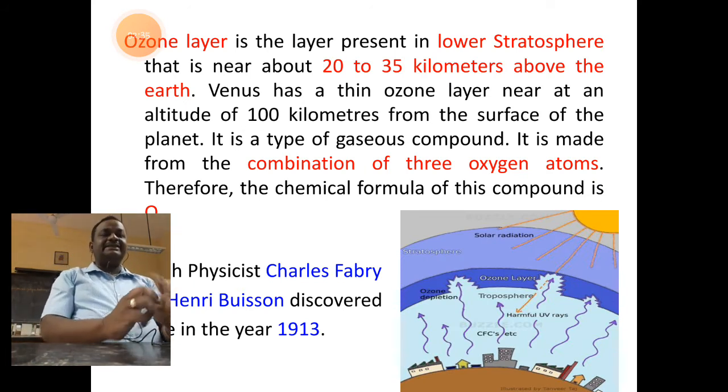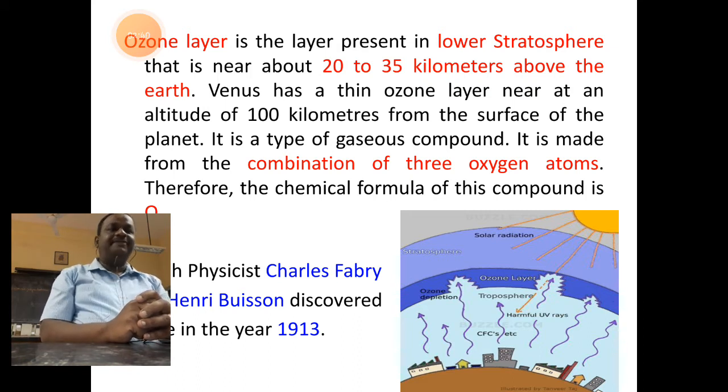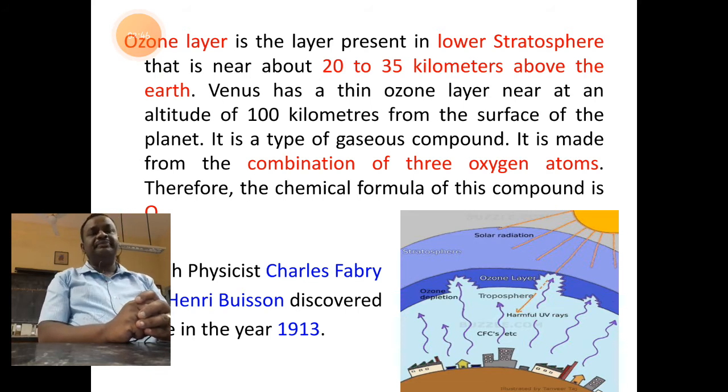The ozone layer is present about 20 to 35 kilometers above the Earth in the atmosphere. The thickness of it is around 3 millimeters. There is one more planet in the solar system, that is Venus, which also has a thin layer of ozone at about 100 kilometers from its surface.